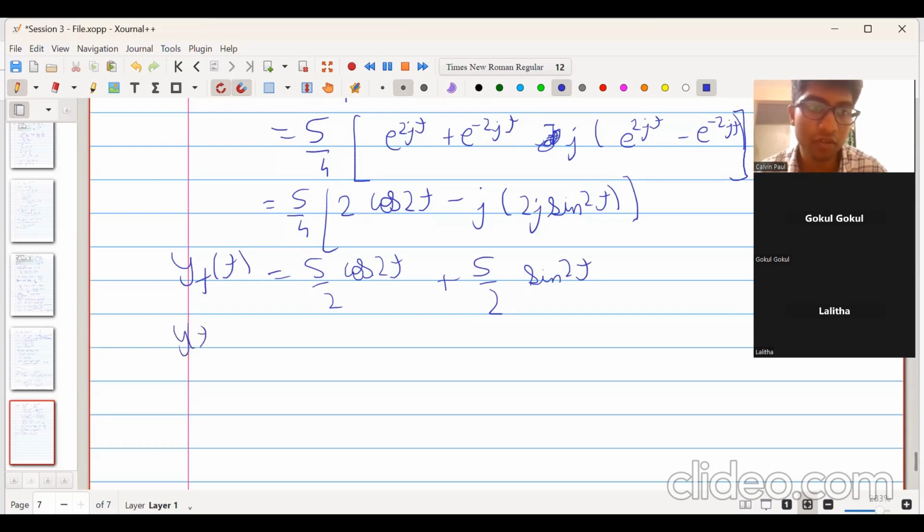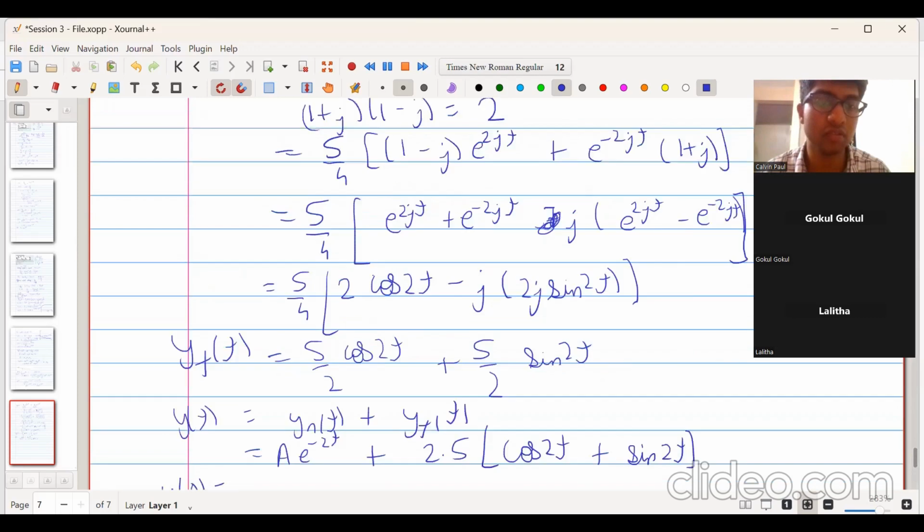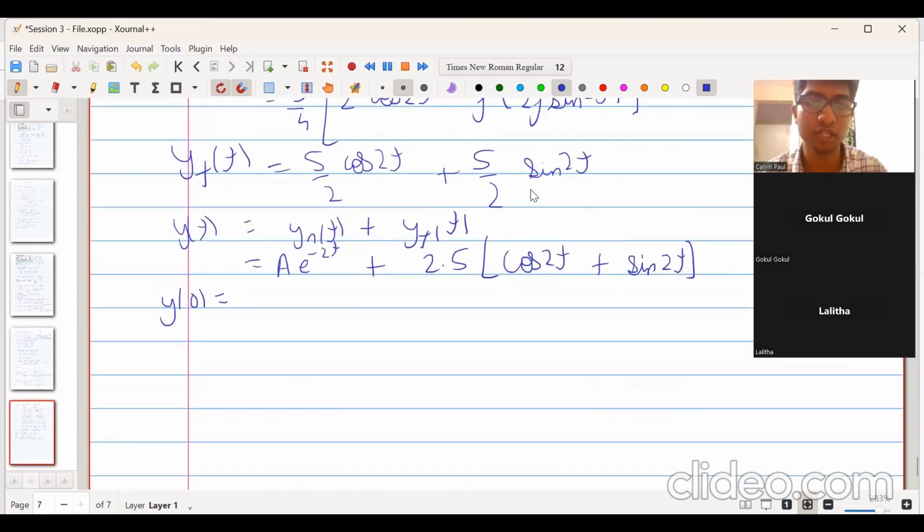So y of t will be equal to y n of t plus y f of t. That will be equal to A into e to the power minus 2t plus 2.5 into cos of 2t plus sine of 2t. They have given us y of 0 is equal to 0. We substitute it.